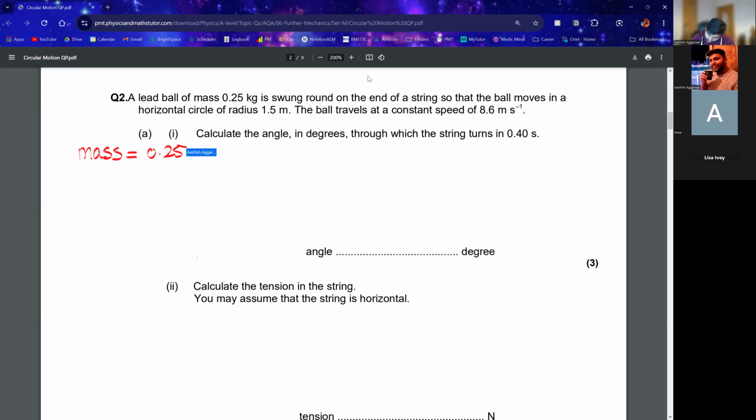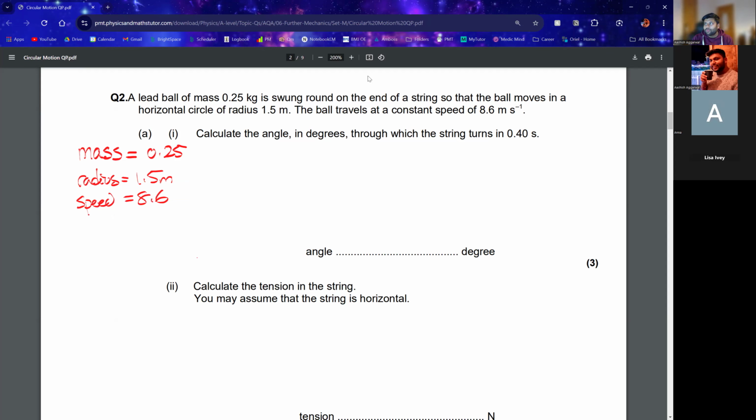We've got on the end of a string, horizontal radius. We've got radius, 1.5 meters. And we've got the constant speed. This is what I like to think of as the snapshot speed, so it's the speed in the straight line before the acceleration. That speed is 8.6.